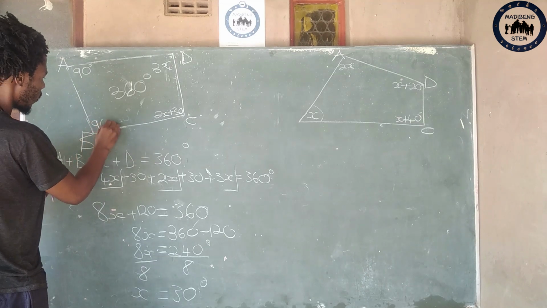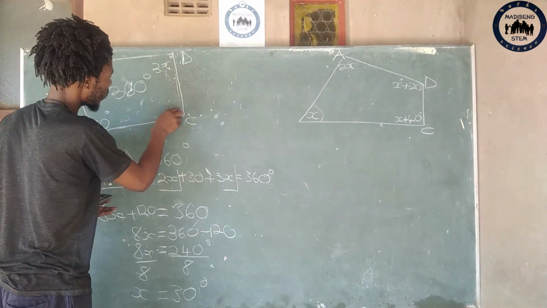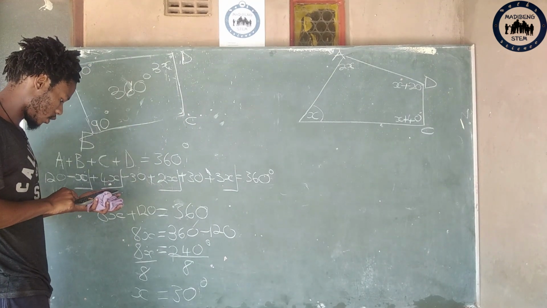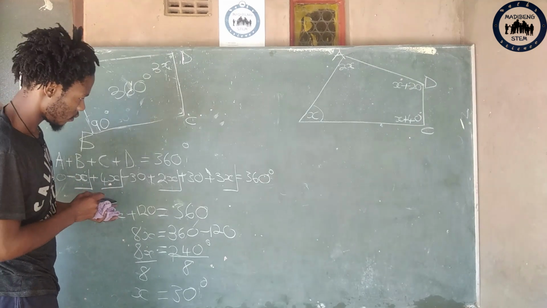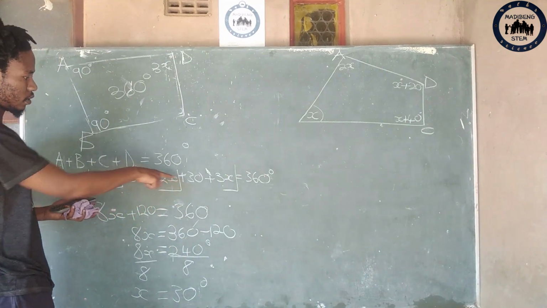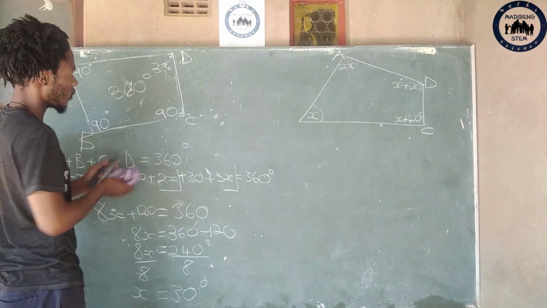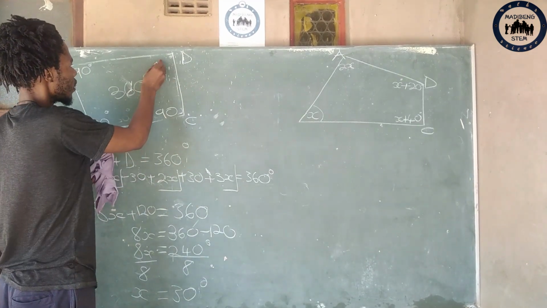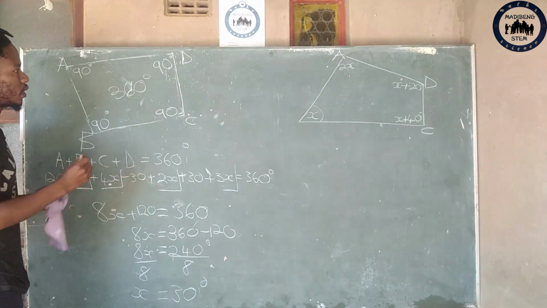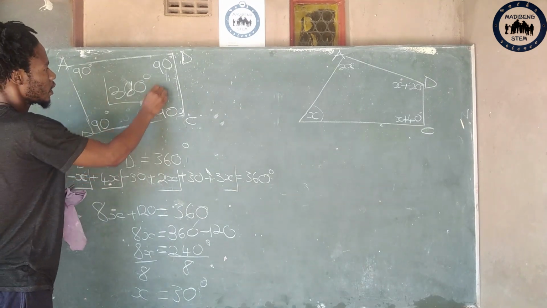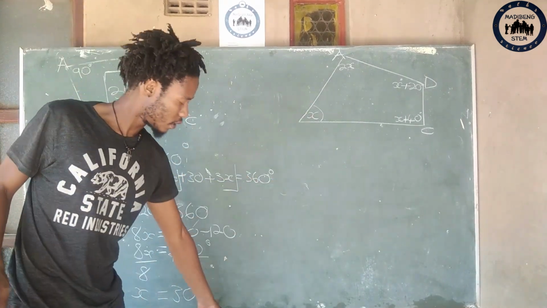Then 2x plus 30: 2 times 30 is 60, 60 plus 30 is 90. 90 plus 90 is 180. 90 plus 90 is 180. 180 plus 180 is 360 degrees. This is how you solve these things. I will do this again, fast, guys.